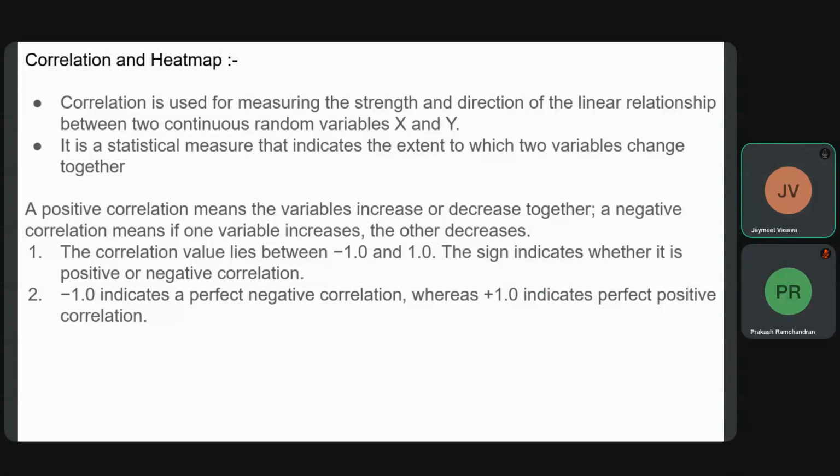A negative correlation means if one variable increases, the other decreases. The correlation value lies between -1 and 1, and the sign indicates whether it is positive or negative. The -1 indicates perfect negative correlation, whereas +1 indicates perfect positive correlation.